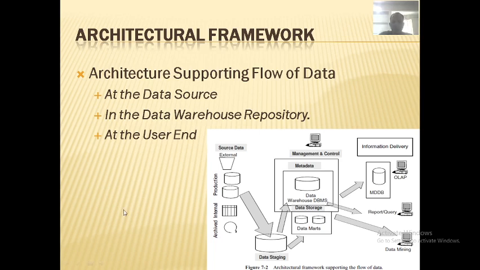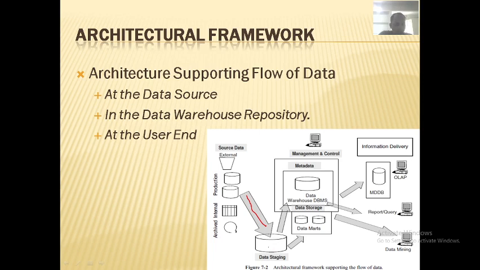See here now, this is at the source level. From the source level, data is flowing in this direction for data staging. The various functions will be carried out here.